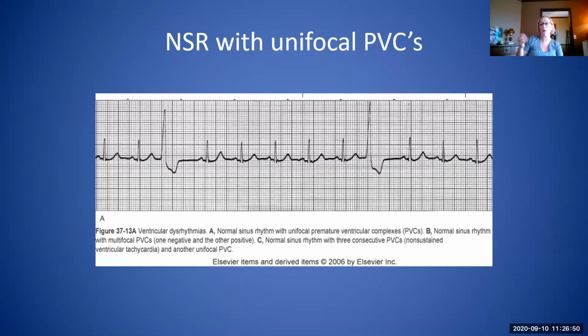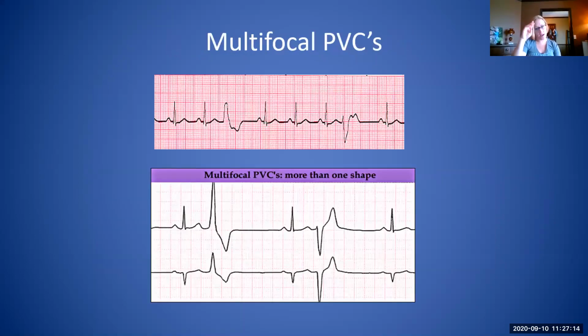So it's just a premature beat is basically all a PAC is, whereas a PVC is like a whole other complex that comes up. These are coming from the same foci, the same irritable foci that is causing this unifocal PVC. So you can see that they both look the same. Then multifocals are coming from multiple foci, so they look different.